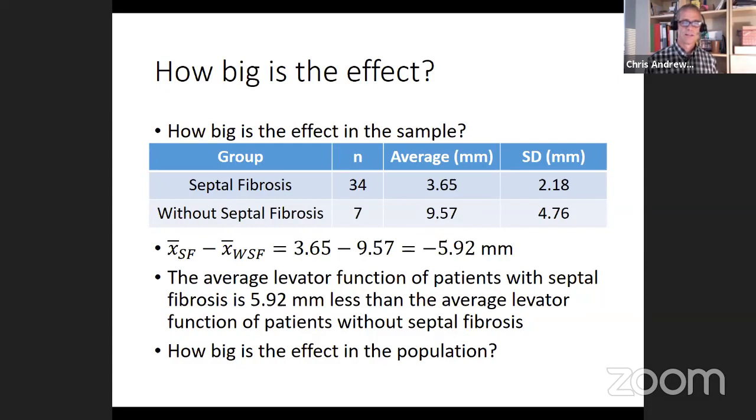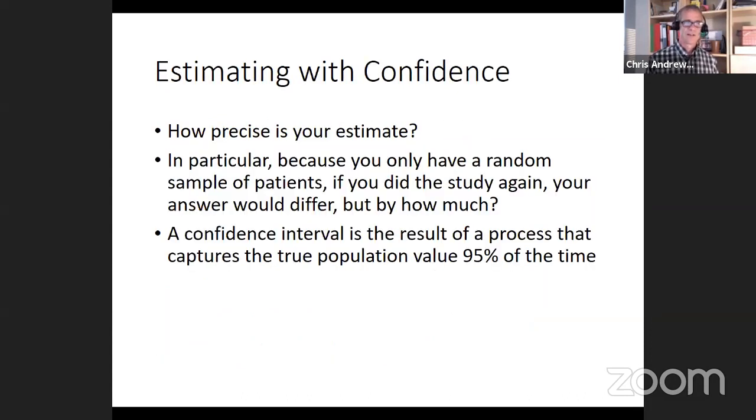And so we want to say what we would expect are reasonable values for the true difference. We have information on a sample. Can we say something about the true difference, mu SF minus mu WSF? That's what a confidence interval will give us.